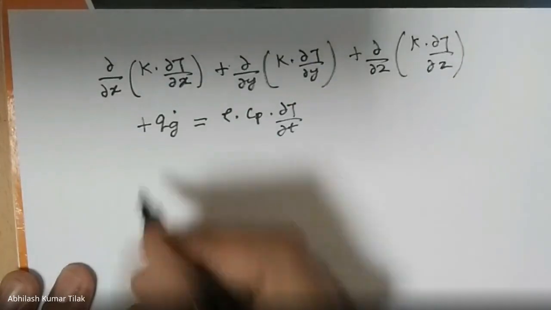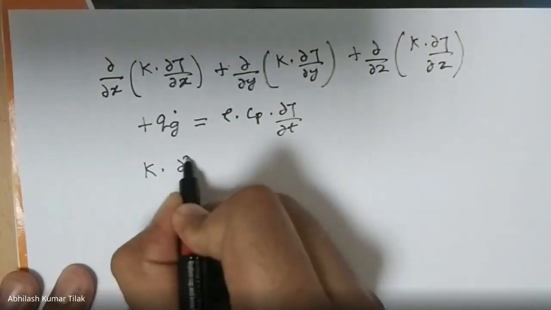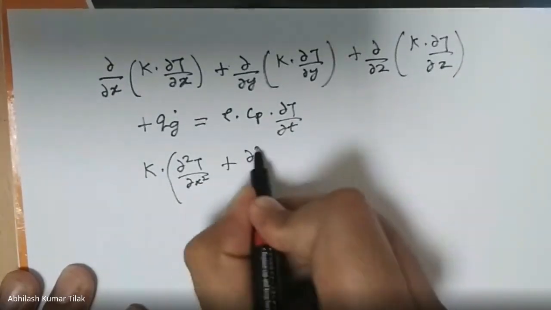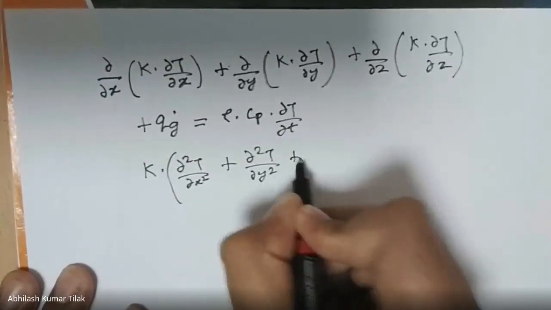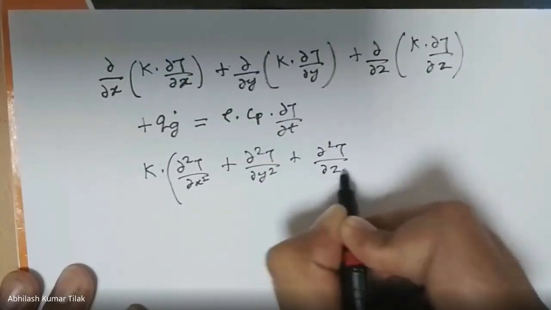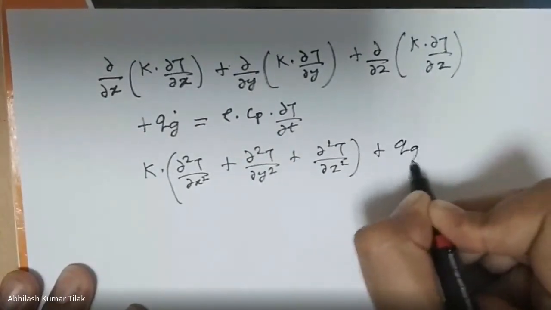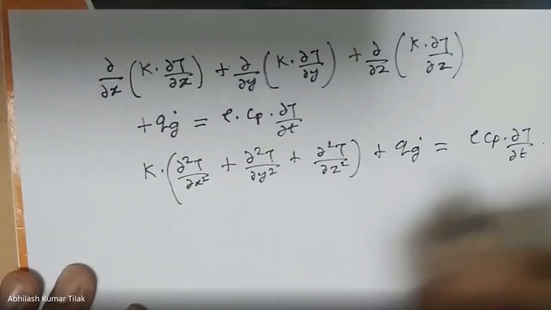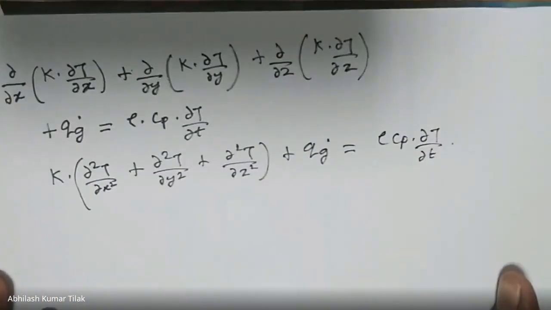Now from here, taking k as common, you can have k into dou squared t upon dou x square, plus dou squared t upon dou y square, plus dou squared t upon dou z square, plus qg is equal to rho cp into dou t by dou t. Or you can divide this equation by k.